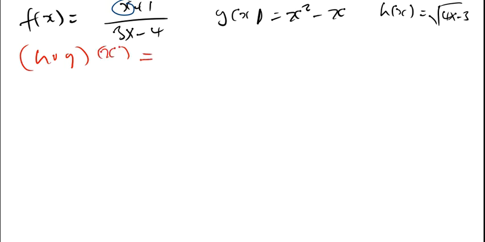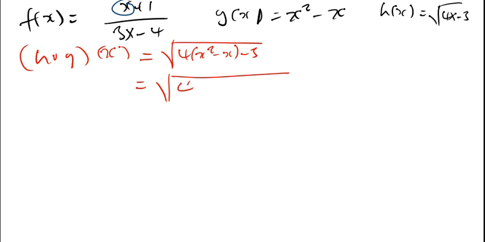So in the function of h, where there is x, put g. So it will be like this: the square root of 4 open brackets x squared minus x, minus 3. So this is the composite of that guy. Now they want me to find the domain.